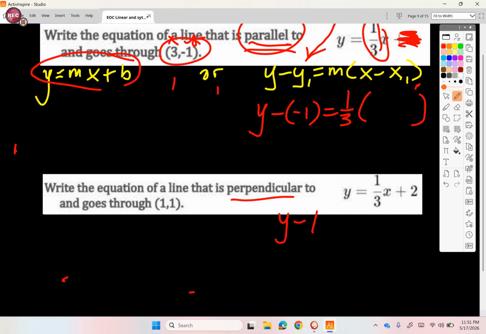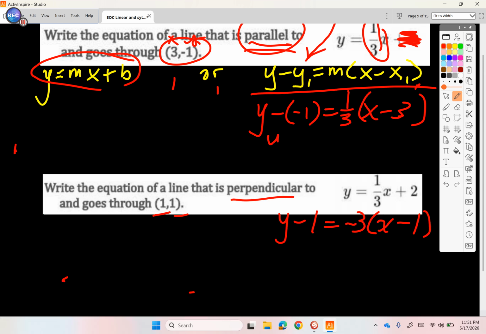So in this case, let's do it. Let's set it up. And you plug in the x value on this side. So x minus the x value that's given, which is 3.